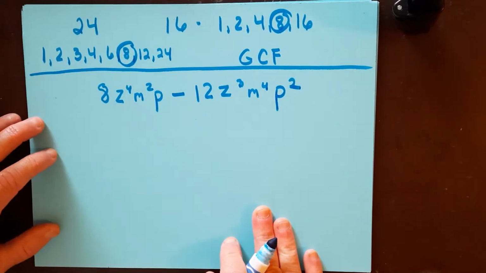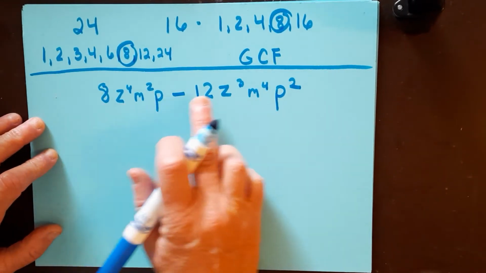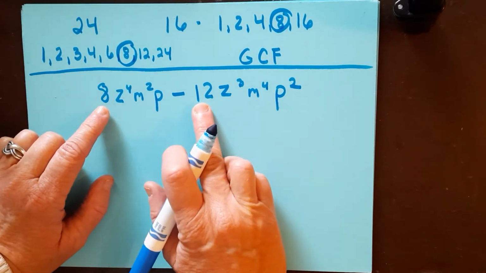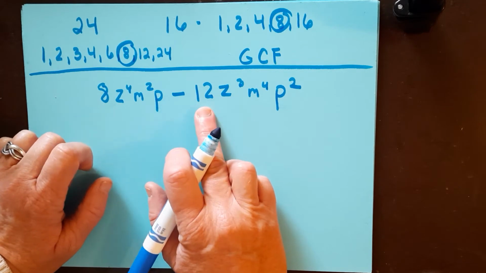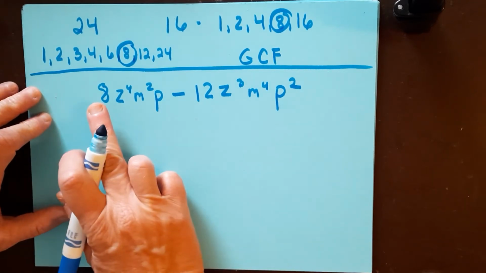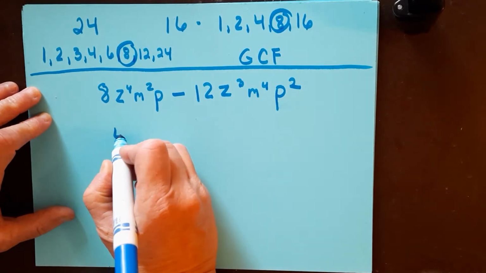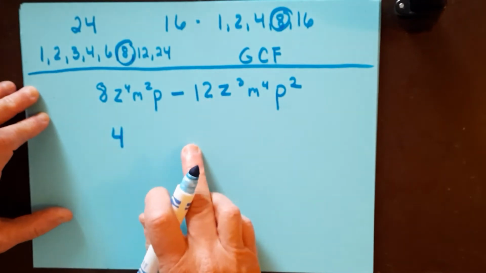If it asks you to find the greatest common factor of these two expressions, the first thing you want to do is to look to see if there are any just numerals. We have an 8 and a 12. So we first find the greatest common factor of 8 and 12, which would be 4. 4 is the largest number that can go evenly into both 8 and 12.